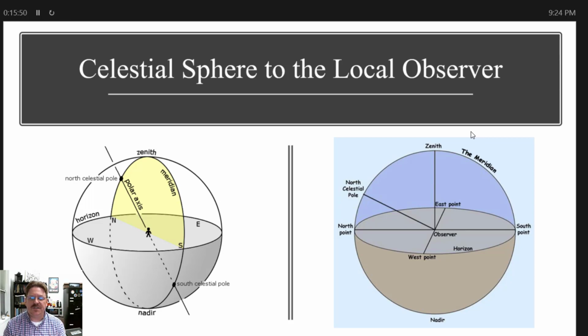And when we look at the celestial sphere in terms of the local observer, what we notice is that the celestial sphere is tilted because of our location. If we are on the North Pole, then the North Celestial Pole would be directly overhead, and all the stars would be what we call circumpolar. I would love the opportunity to do this, either in the Arctic or probably in Antarctica.